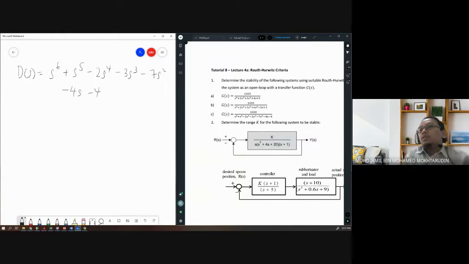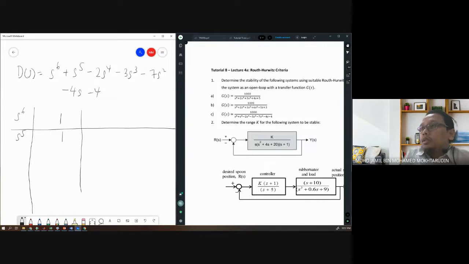Okay, so we start with generating the table with s power of 6 and s power of 5. So we have 1, 1, -2, -3.